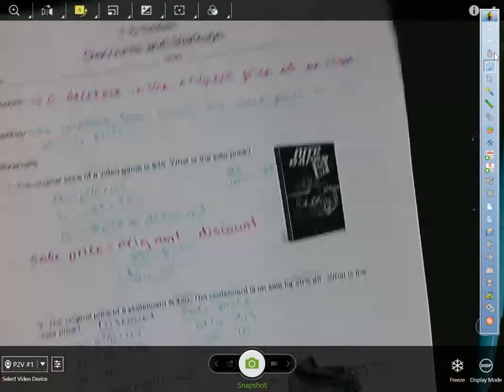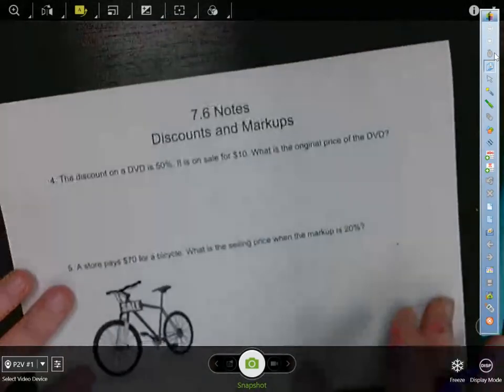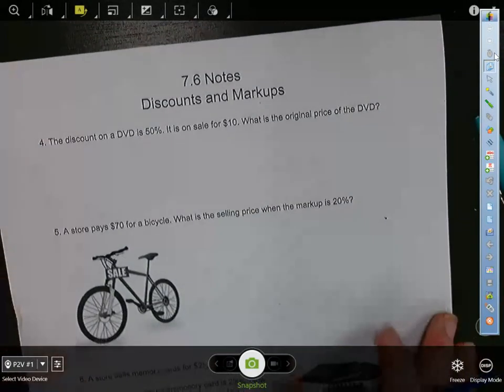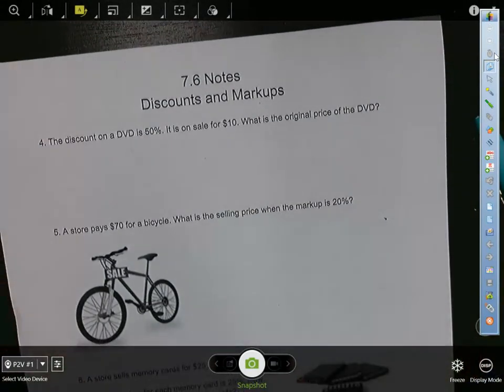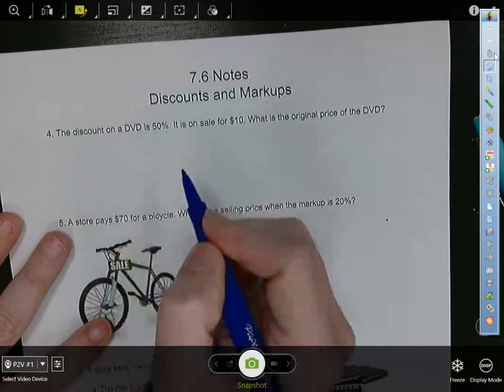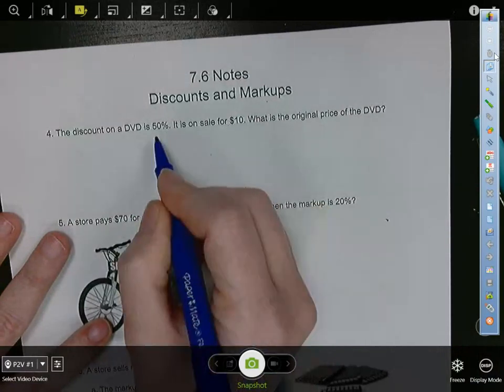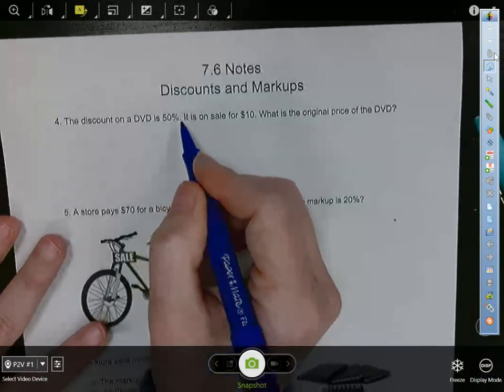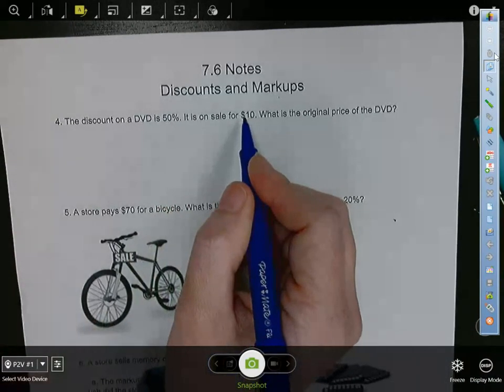Okay, let's do another example. The discount on a DVD is 50%. It is on sale for $10. What's the original price? Well, $10 is after the 50% off, so you need to figure out $10 is what percent.